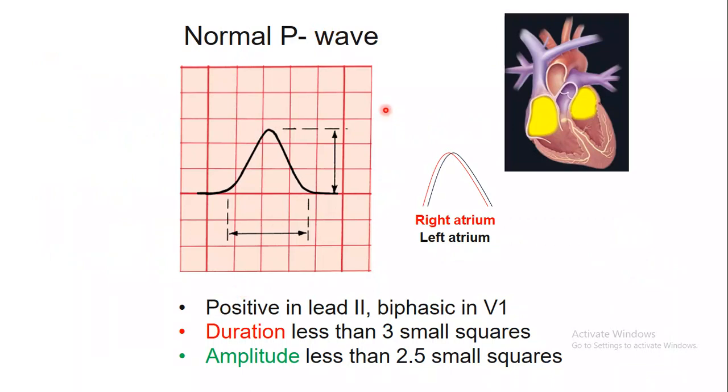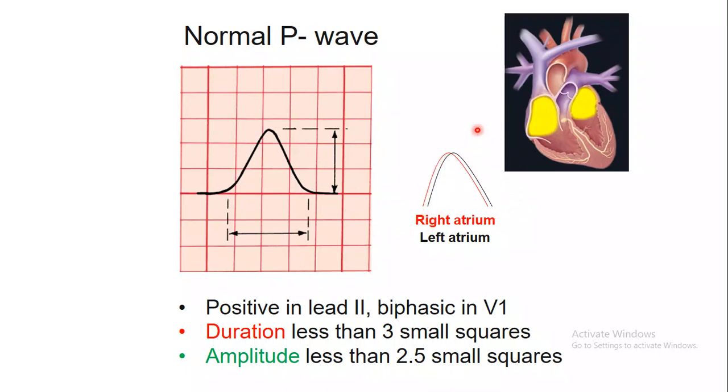Starting with the waves, the P wave represents atrial depolarization, both right atrium and left atrium. Depolarization starts at the right atrium, followed by the left atrium, but the time interval between both is very minute, so when we are recording this electricity from a lead close to the direction of the depolarization current, which is lead 2, just parallel to it, it will give a positive deflection wave, which is called the P wave.